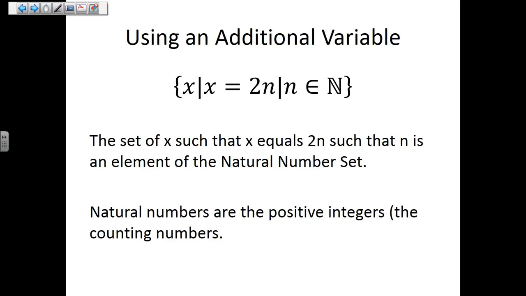So this is read the set of X such that X equals 2 times N, or 2N, such that, so another vertical bar, so another such that N is an element of the natural number set. So now we're using N to create an infinite number of numbers in a list. Now the natural numbers are the numbers like 1, 2, 3, 4, the positive integers. You can think of those as the counting numbers.